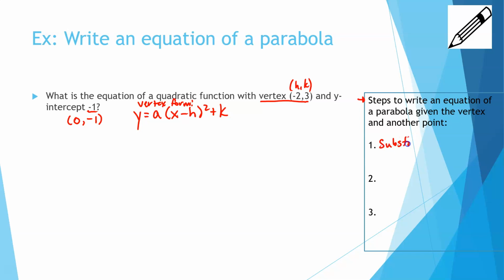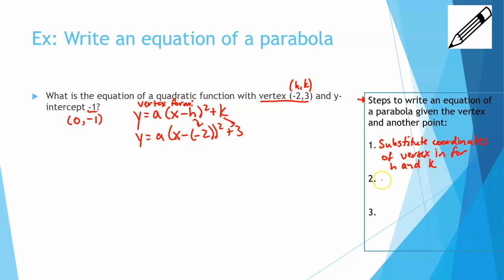So I take my y equals a, then I have x minus, now my h is a negative 2, squared, and then plus my k is a 3. Okay, so it's just a substitution idea.